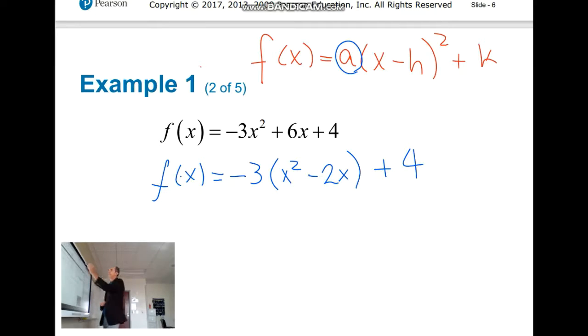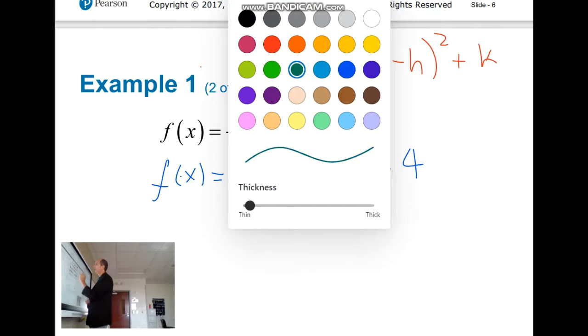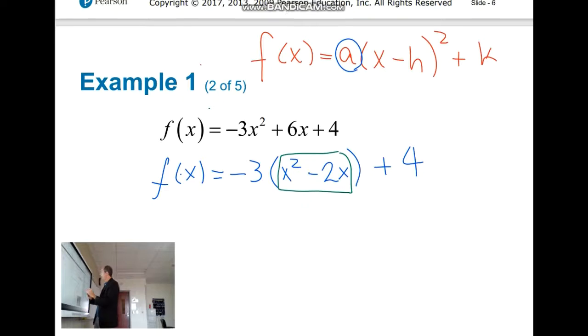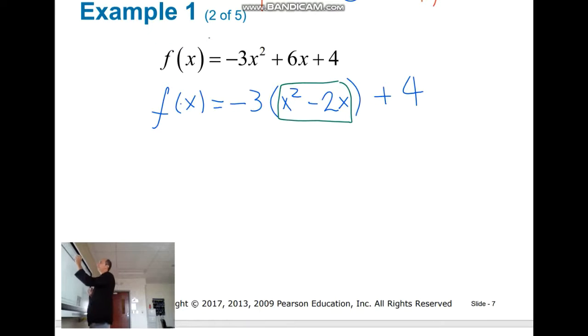Now check this, we have this expression here that we want to complete the square on. We want to transform this into a square of two terms. Let's work this out. We will complete the square here.